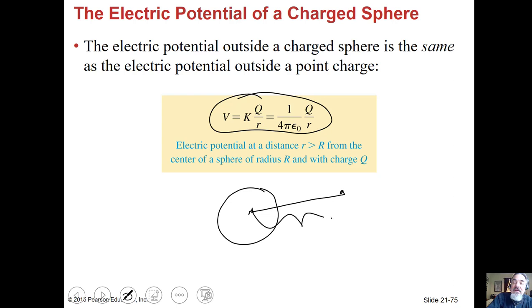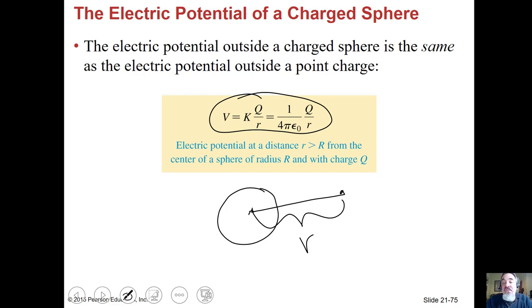That's what R is here. R is not the radius of the sphere. R is this distance. And then the potential at the surface, or if you go into the surface, stays the same. There's no potential difference inside the sphere.